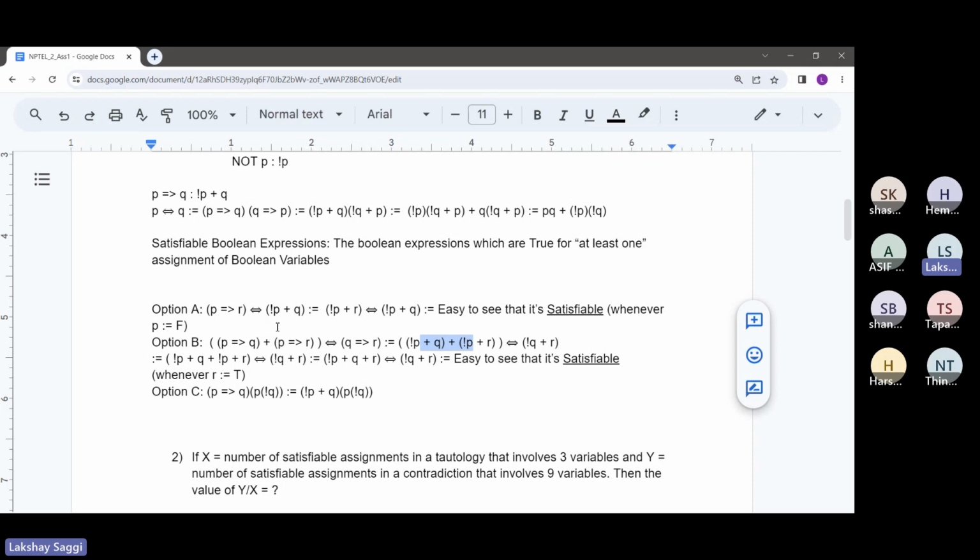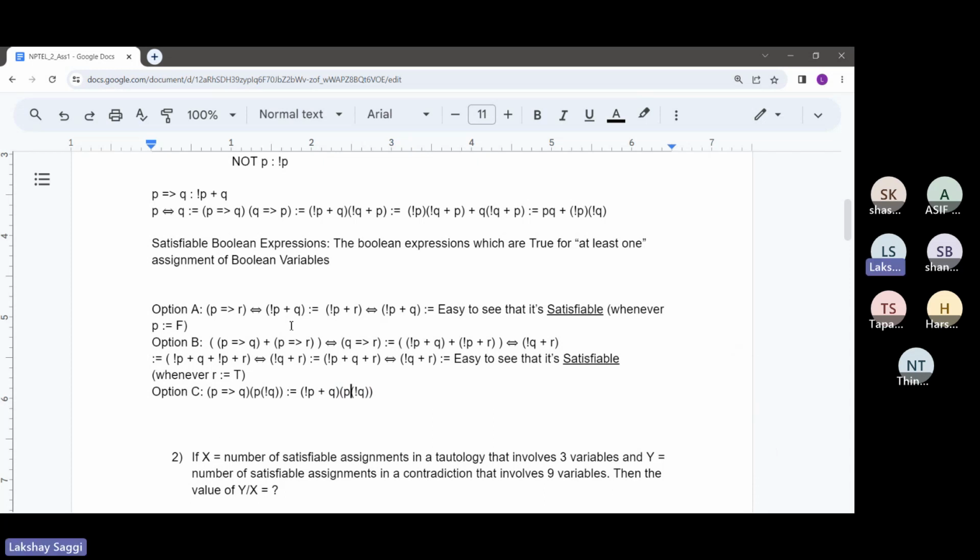Similarly, here the AND operator is also associative and commutative, so we can remove this. Here is a multiplication between not P plus Q and P and not Q.